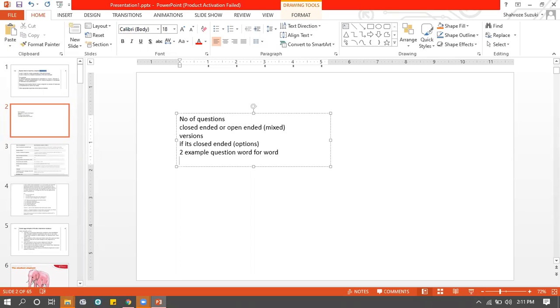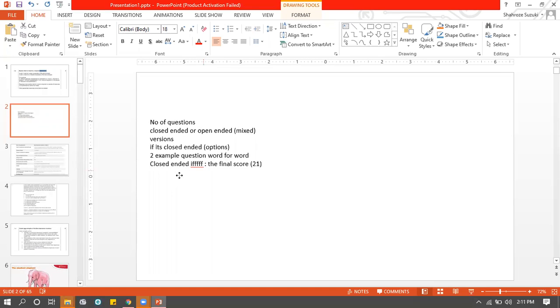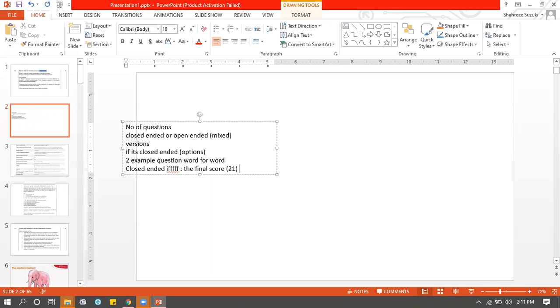If it is closed-ended, again, the final score you get, let's suppose the final score is 21. Is there any indication of what the score means? As in, is there any indication of what the score means?